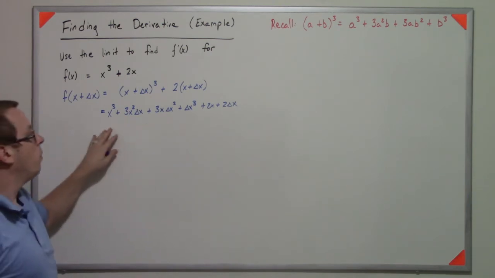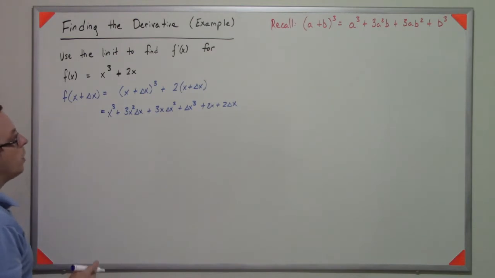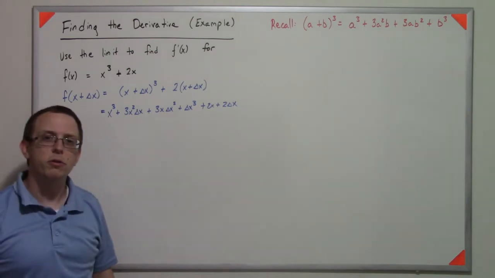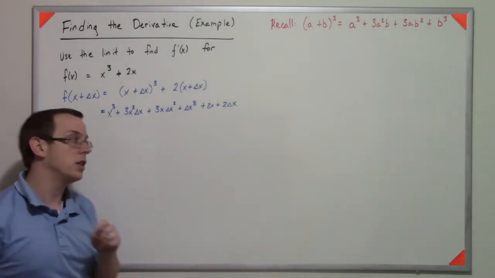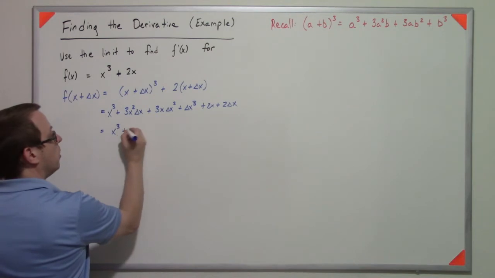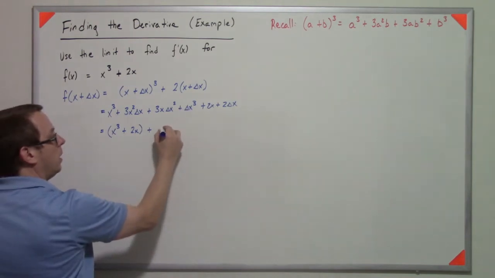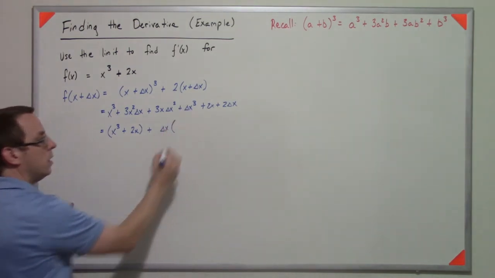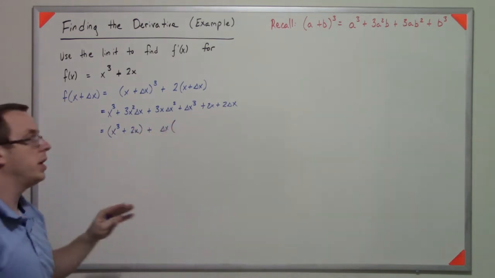So then what we have is this monstrosity here. So what I'm going to do is I'm going to do myself a little favor and group the things that have delta x and the things that don't. So what I have here is x cubed plus 2x plus delta x times, everything else has at least one delta x, if nothing else.